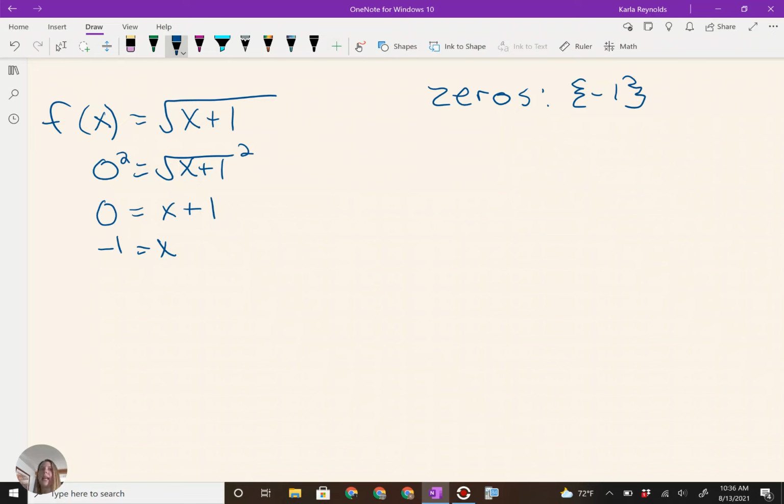All right, so now domain, usually the harder part. Whenever I think of domain, I always start off with my domain is all reals, and then think of things that can break that. So the fraction, divide by 0, that breaks that. Square root, you can't have a square root of a negative number if you're talking about the real number system. So we can't have negatives under here.